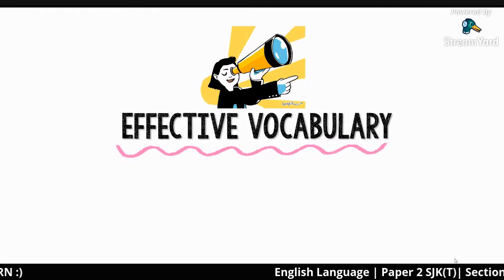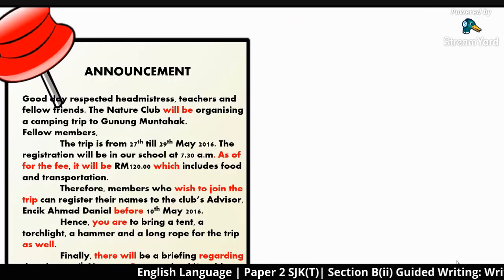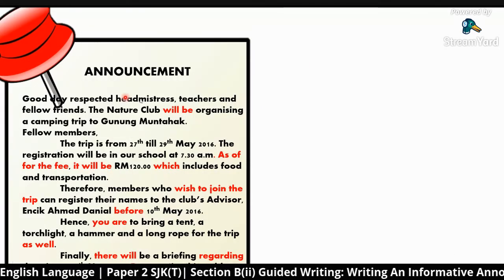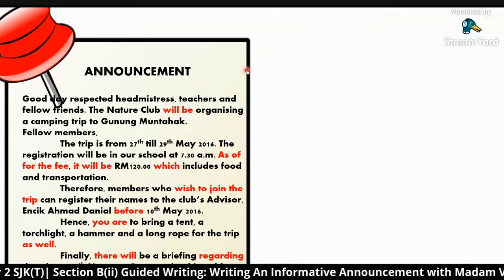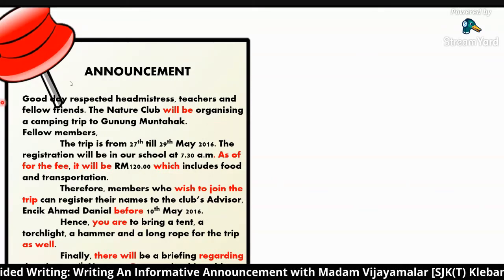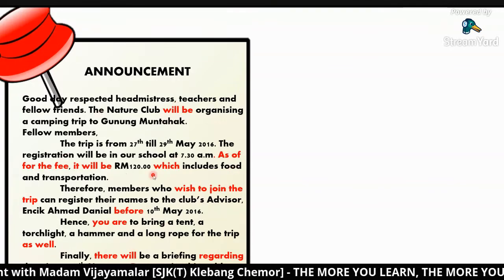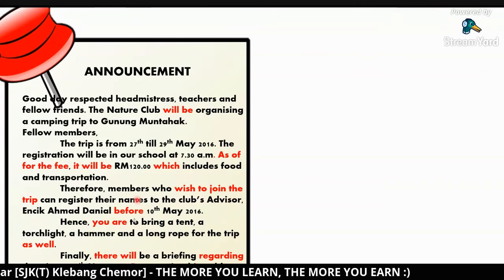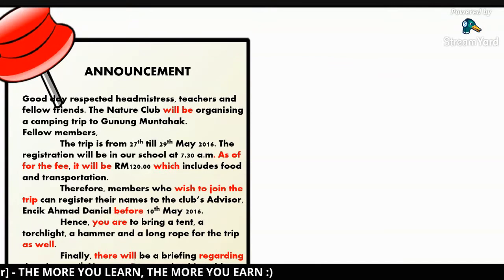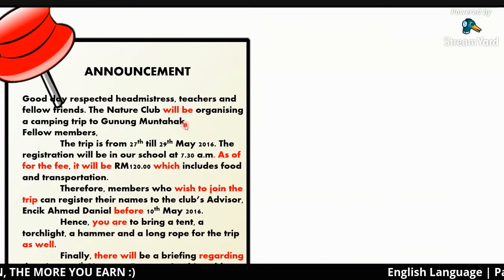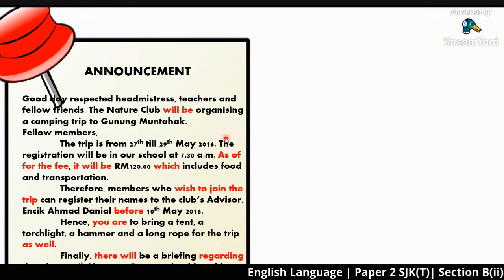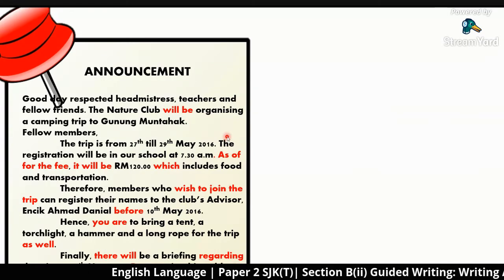Now let's look at the announcement. This side of the announcement is the one that we just did. And you can see I have highlighted certain words which I think you can replace with synonyms, with contractions, and you can come up with a better word to convey the message.